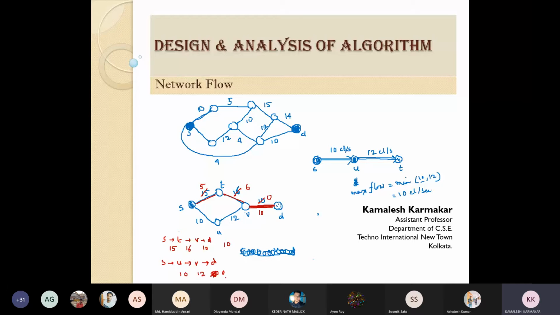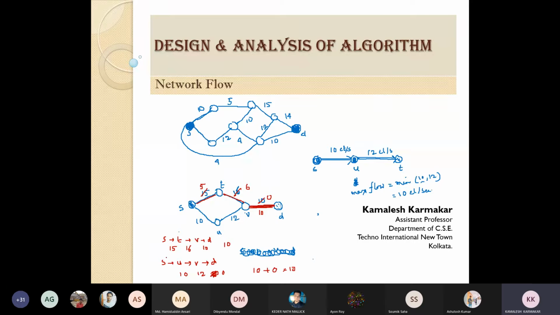So this value is 0, it's not 10. So in that case, maximum flow through this path will be 0. So from source to sink, there is no more alternative path. So from source to sink, what will be the maximum flow? 10 plus 0. So maximum flow between S and D is 10.